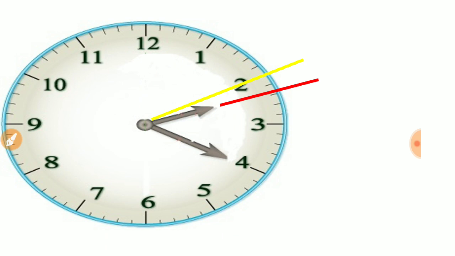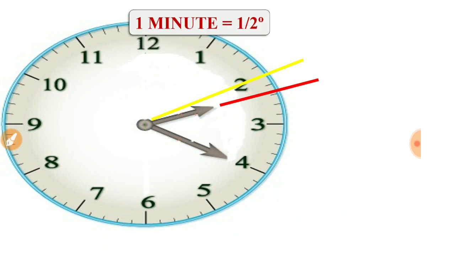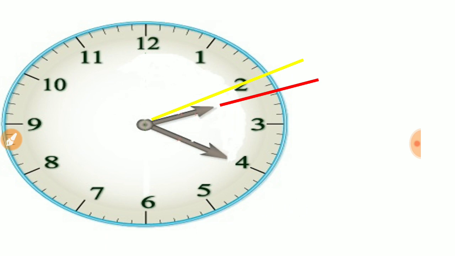So what do you have to find first? We have to find first the angle between this yellow line and the red line. We know that the movement of the hour hand from the yellow line to the red line is the result of the movement of the minute hand. So how long does the minute hand move? It's 20 minutes of movement.